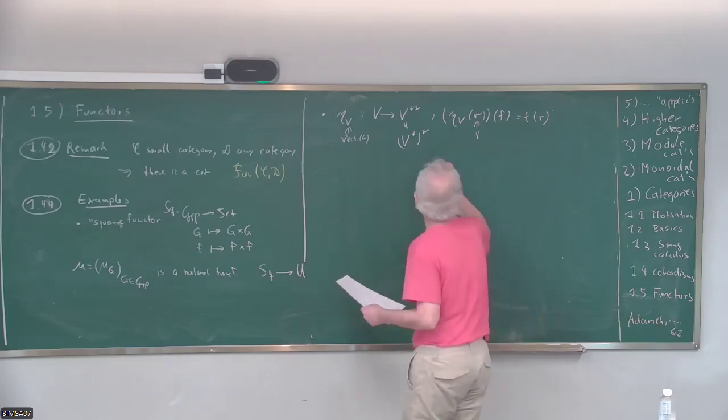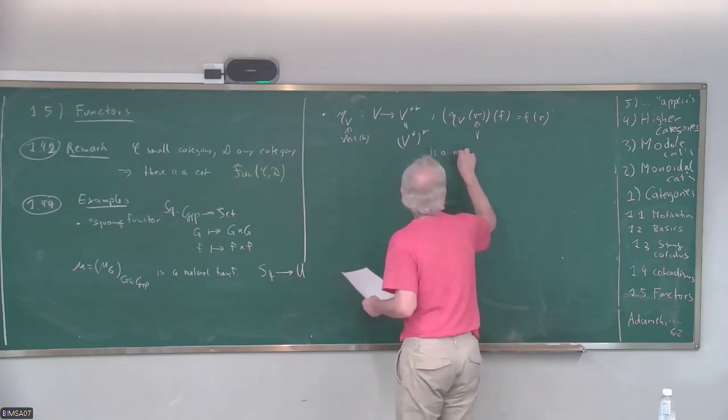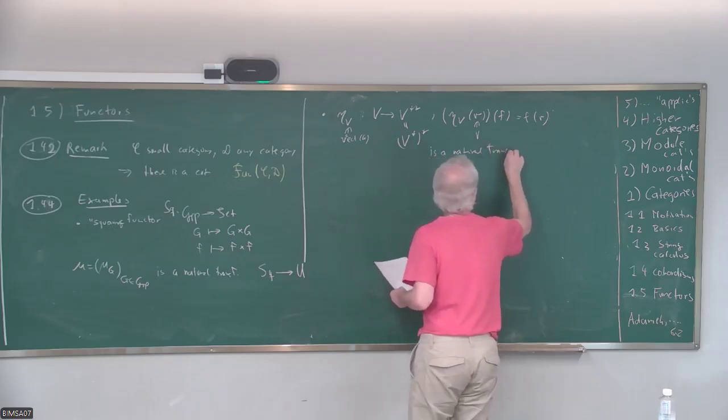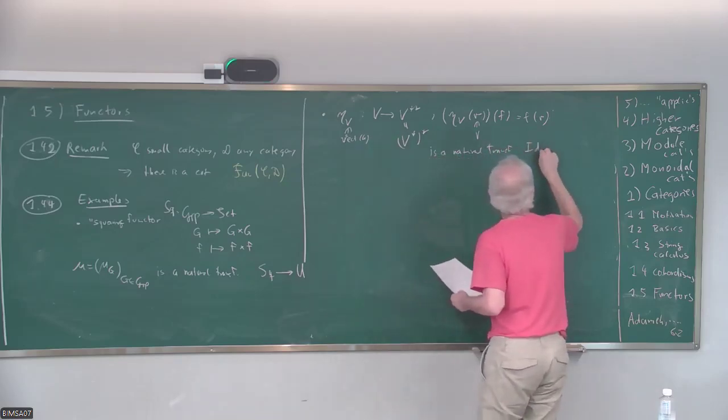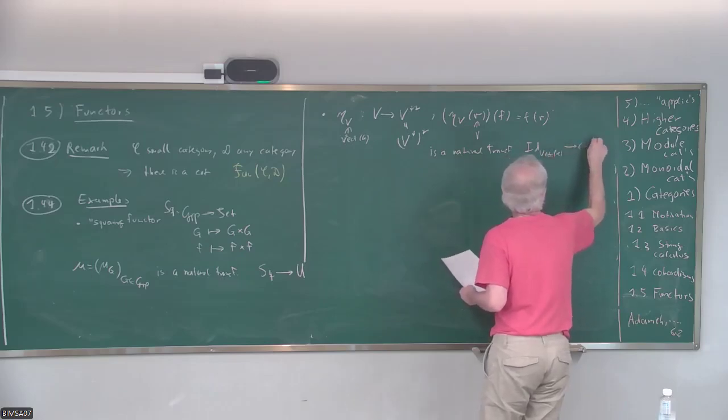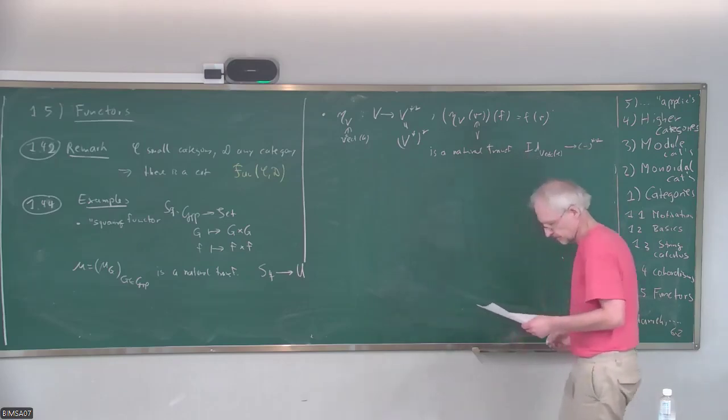And this gives a natural transformation of the identity on vector spaces to the double dual functor on vector spaces.